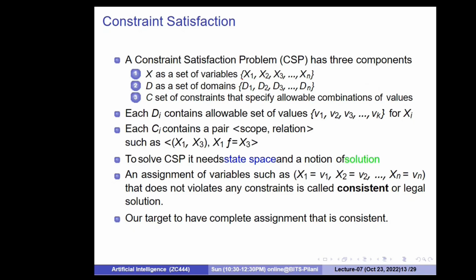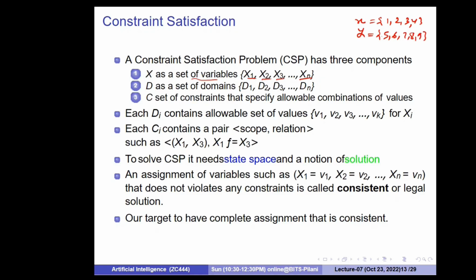Let's assume that there is a set of variables, let me call them x1, x2, up to xn, and they can take values from particular domains d1, d2, d3, up to dn. It may be possible that their domain is the same. For example, if x and y are the two variables, x's domain is 1, 2, 3, 4, and y's is 5, 6, 7, 8, 9.